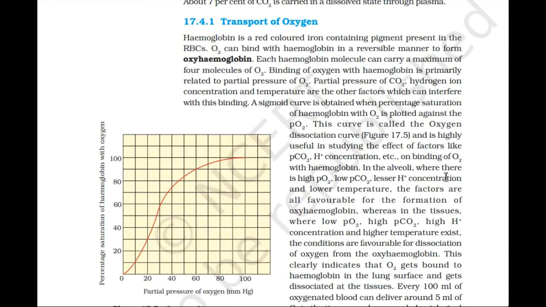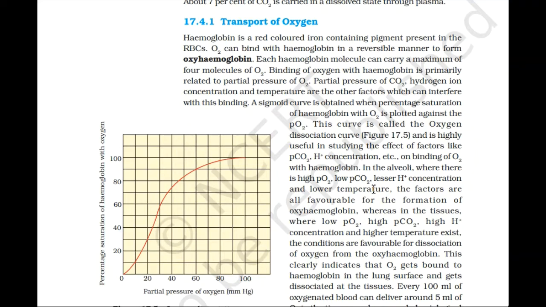In the alveoli, where there is high pO2, low pCO2, lesser H plus concentration, and lower temperature, the factors are all favorable for the formation of oxyhemoglobin.